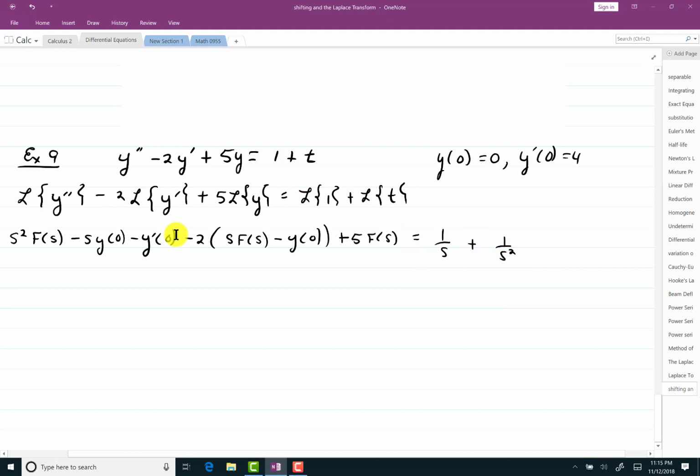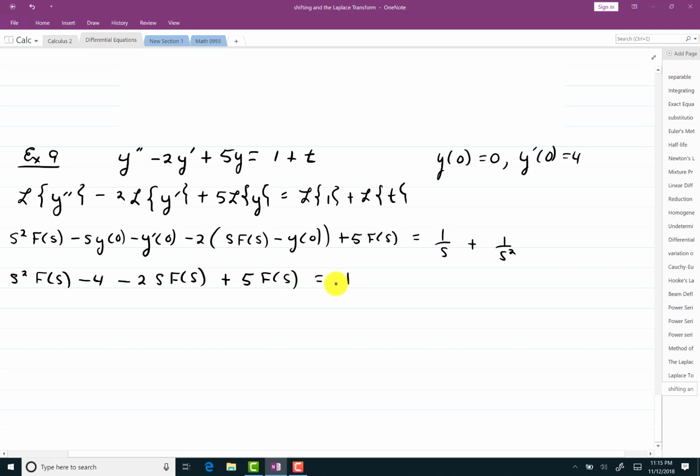And let me clean up the left side here. I still have my s squared capital F of s. y of 0 is 0, but y prime of 0 is 4, so I have minus 4 minus 2s F of s. The y of 0, of course, is 0, so I don't have to worry about that. And then I have plus 5 F of s.